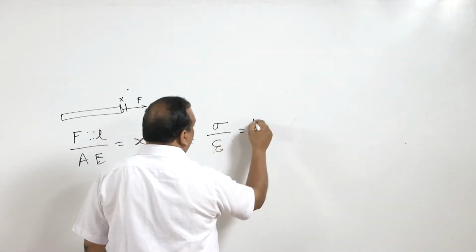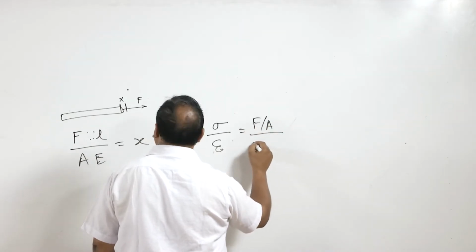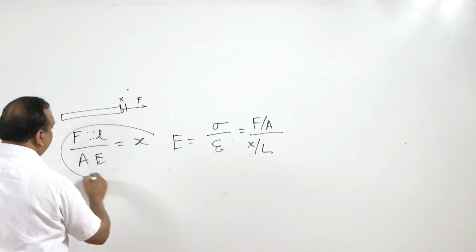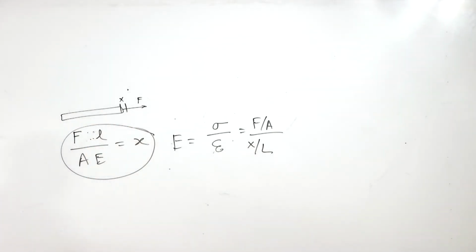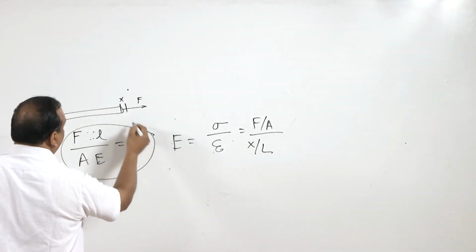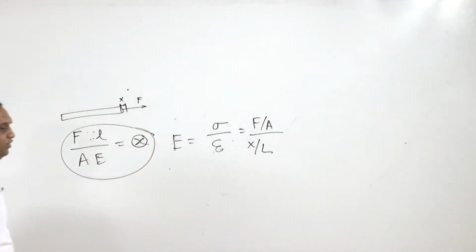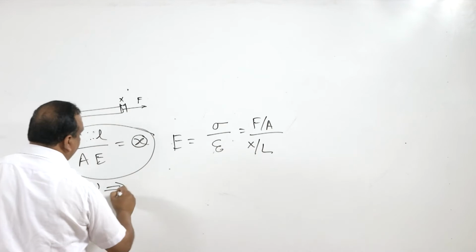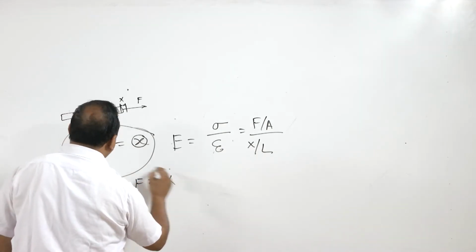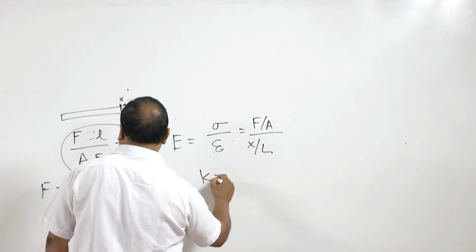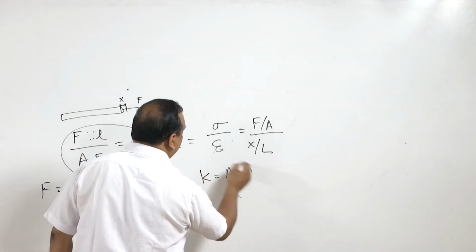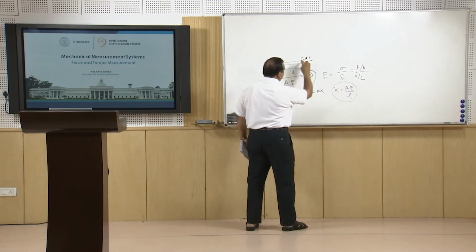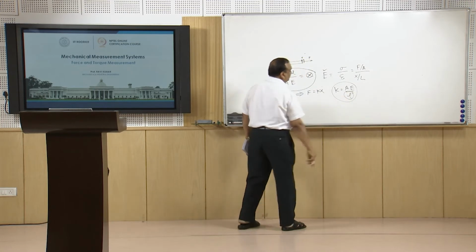Stress is force by area, strain is X by L, and from here we get the value of X. This X can be measured, so we have force as a function of X. If F is equal to Kx, then K is AE by L, a constant, because the cross-section area, modulus of elasticity and length are all constant.